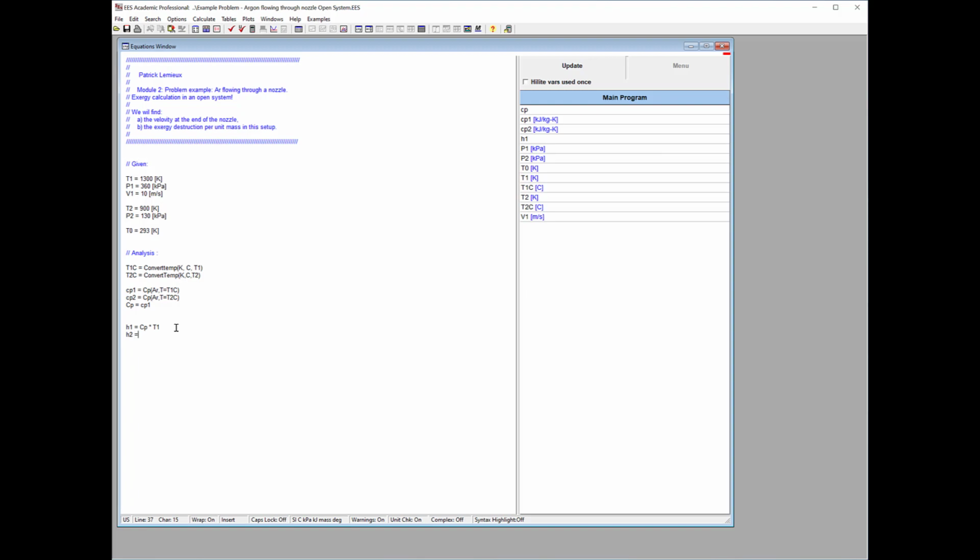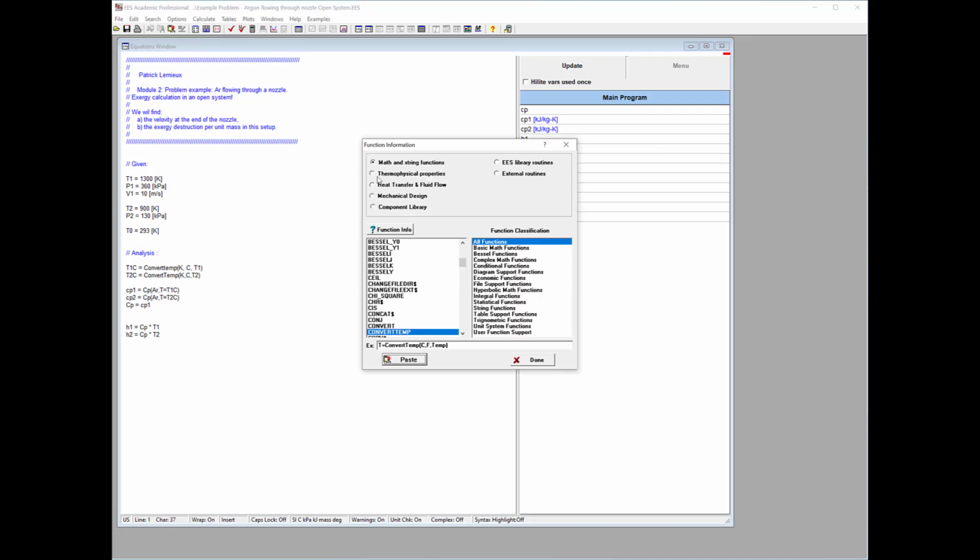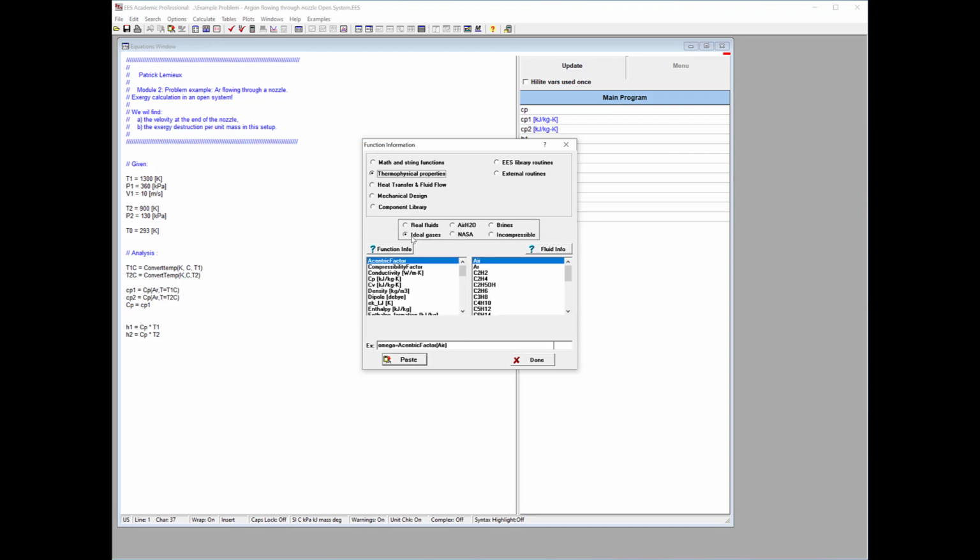H2, same thing, so it's going to be my Cp times T2. Looking good. Now, since we're in EES here, do we really need to use this as an ideal gas? There must be a function under the specific thermophysical properties for ideal gas that deals with enthalpy. Let's see, and sure enough there is. There's a bunch of enthalpies.